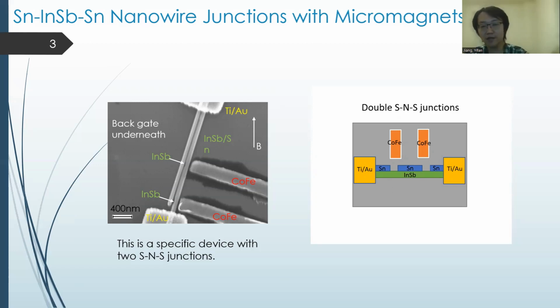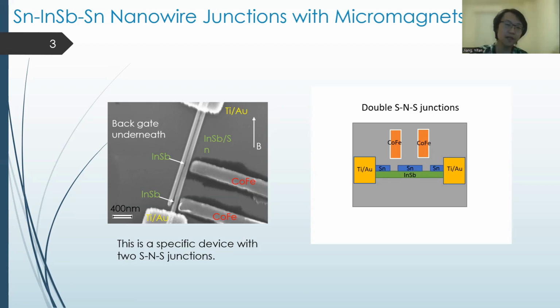Cobalt iron is a ferromagnetic material which can be micromagnets after magnetization. They can provide a local magnetic field penetrating the devices.